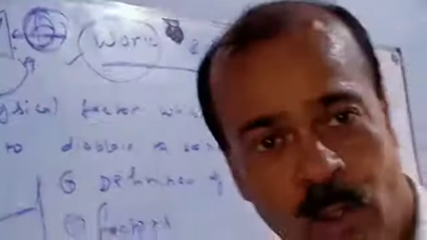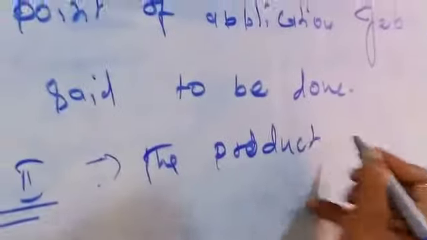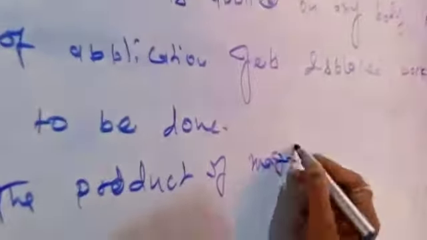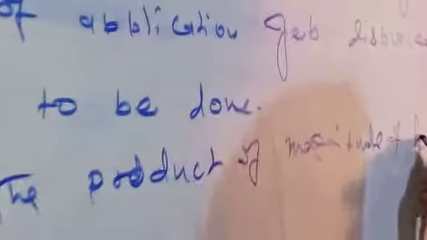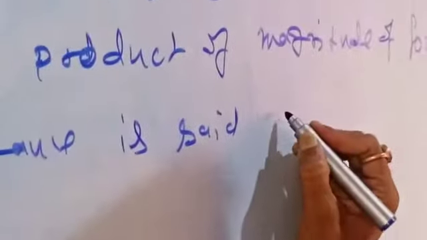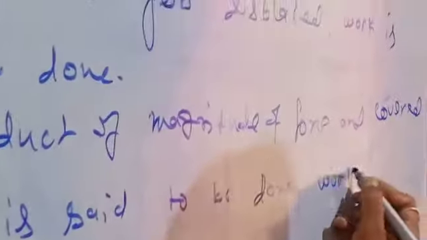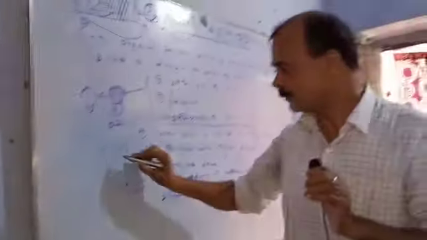The product of this force and this displacement is also said to be work done. The definition is: the product of magnitude of force and covered distance is said to be work done. This is the definition of work.